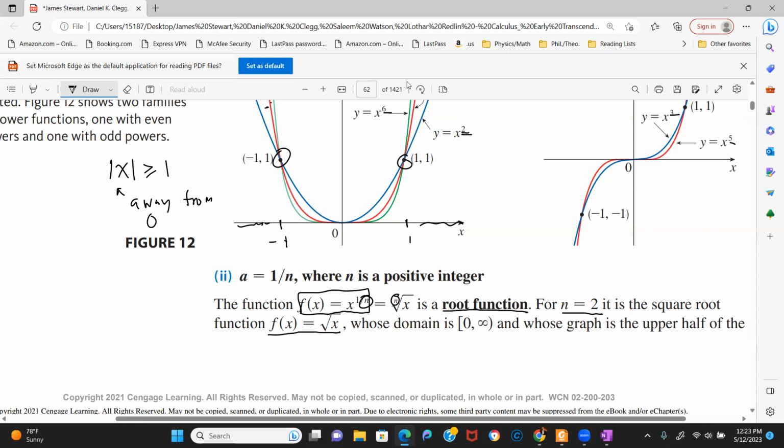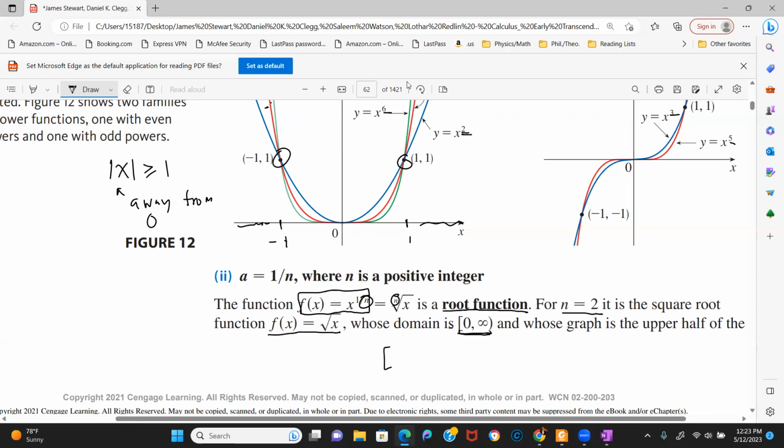And we know the square root function can only take in non-negative numbers. Remember, when you are given just the rule of the function, domain means the largest set of numbers for which the function makes sense or is well defined, and this is the largest set of numbers. You can of course think of the square root function on a smaller domain.